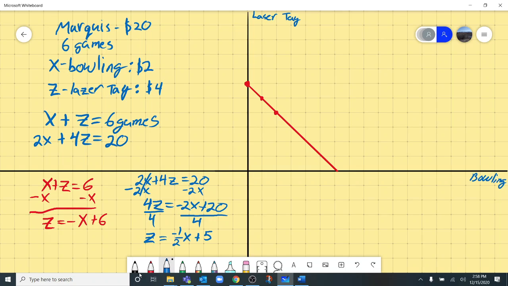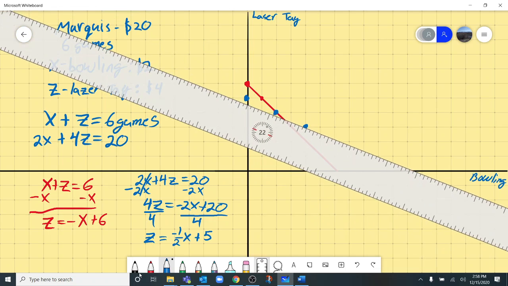All right, our y-intercept for the blue line is 5, so I'm going to go up to 5. 1, 2, 3, 4, 5. And we have a slope of negative 1/2. So down 1 over 2, down 1 over 2, down 1 over 2, etc. And we can already see where it's going to cross.